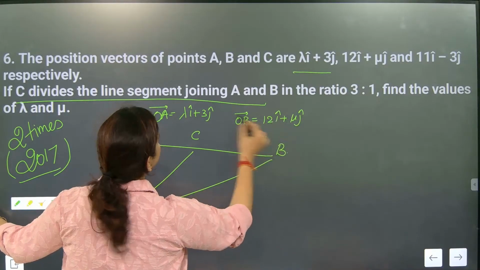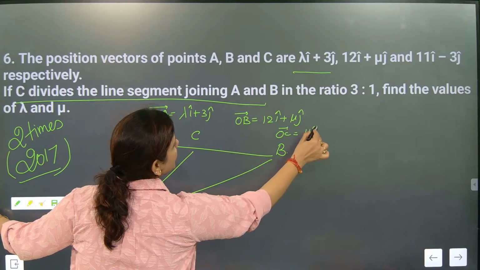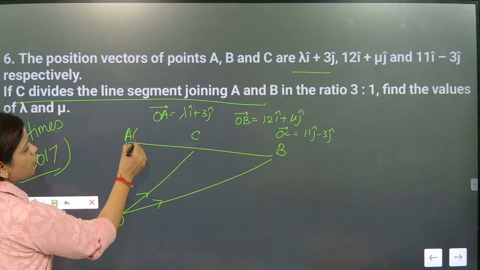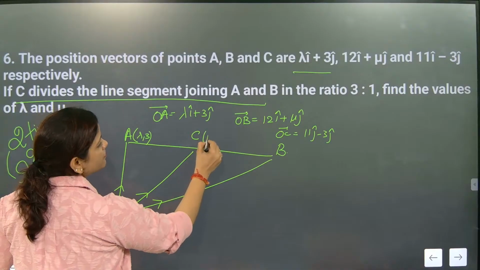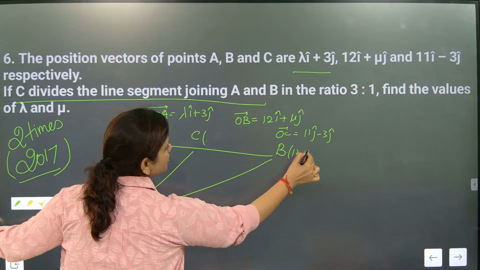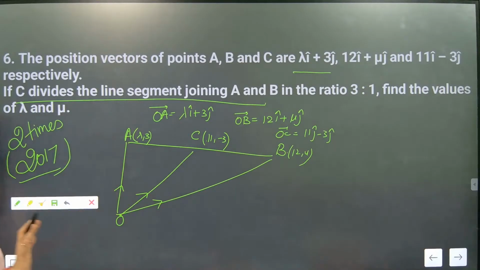And OC vector is 11i cap minus 3j cap. So beta, if somebody writes the point vertices, then A is lambda comma 3, B will become 12 comma mu, and C is 11 comma minus 3. Done, beta.